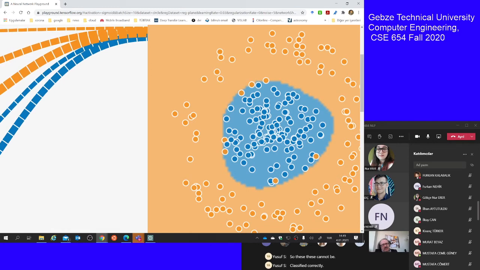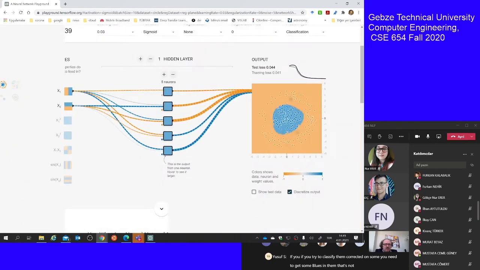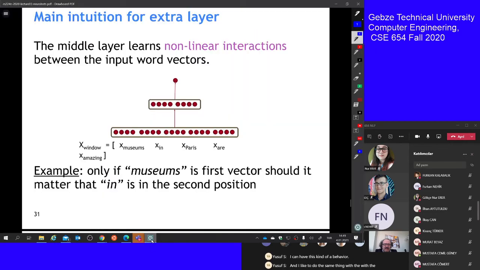If you try to classify them correctly, then you need to get some blues in them. That's not going to be good. So by adding this nonlinearity, I can have this kind of behavior, and I would like to do the same thing with the NER, named entity recognition problem.